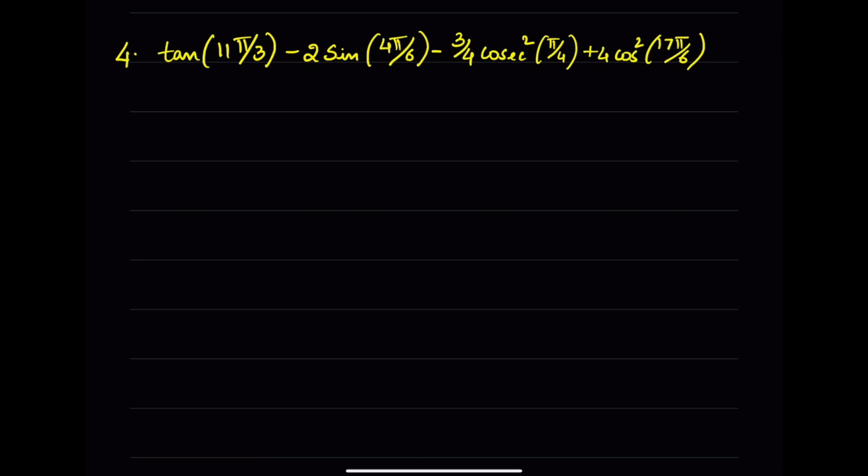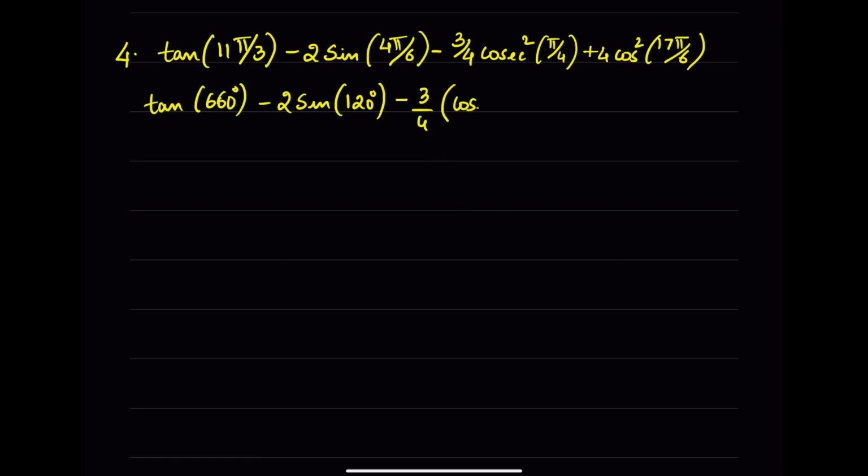Let's address the fourth question now. So let us change this to degrees so that it is easier to apply the values. So 11 times 60 degrees. So this would change to 660 degrees minus 2 times sine of, this is 4 times 30, so this is 120 degrees minus 3 by 4.